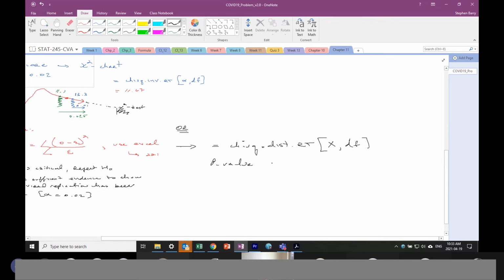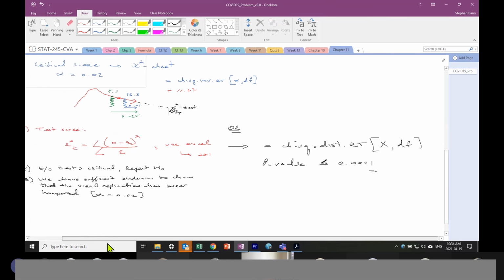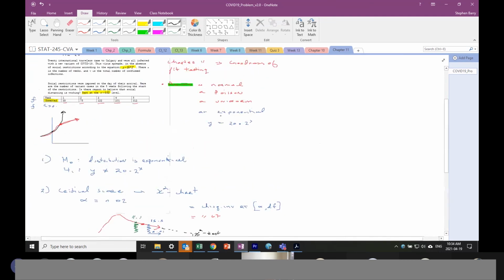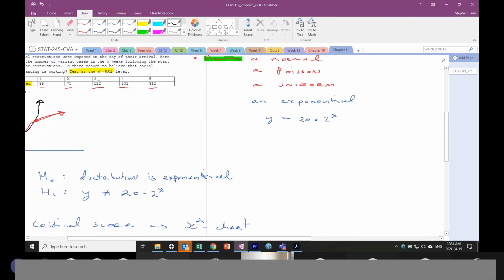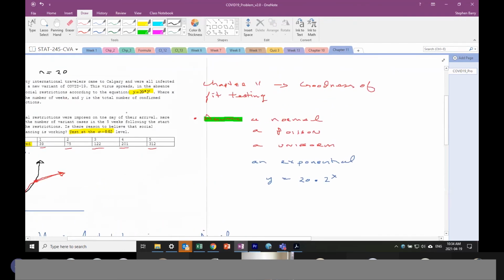You can just say it's whatever the smallest one is, 1, 2, 3, 4, I think, or it's less than that anyways. According to our chart, we're 99.99% sure that this thing is not exponential. That's all we can really say. We can just say it's not exponential, which basically means that something's working, because we know that if nothing was working, or if the virus was just kind of burning through us, it would follow this kind of trajectory.